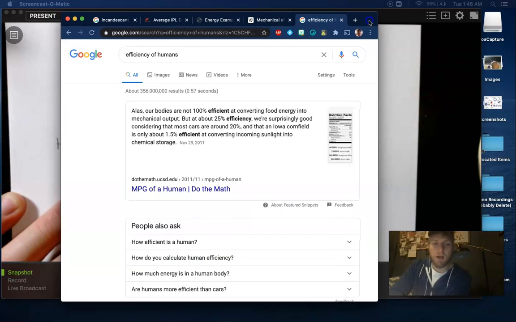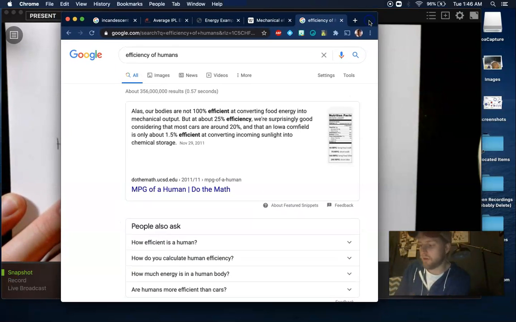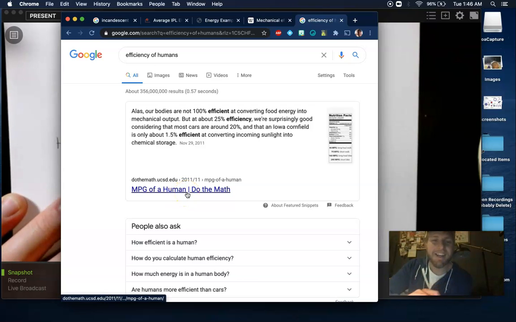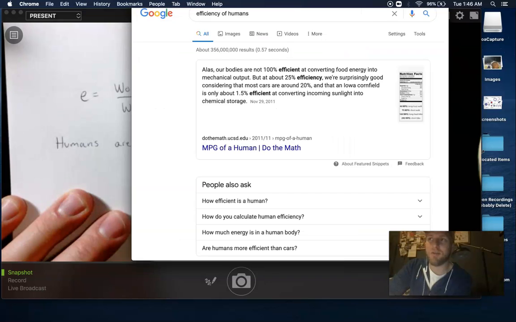So I wanted to look up what the efficiency of humans is, so how many calories we put in our bodies, how much useful work do we get out. According to this possibly disturbing thing from University of San Diego called MPG, miles per gallon of a human, they say that we're about 25% efficient. Let's just take that number at face value just to see what that means.